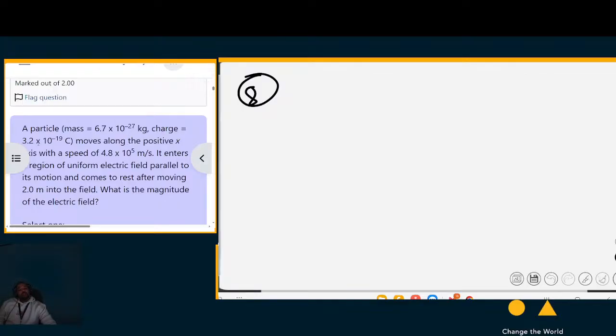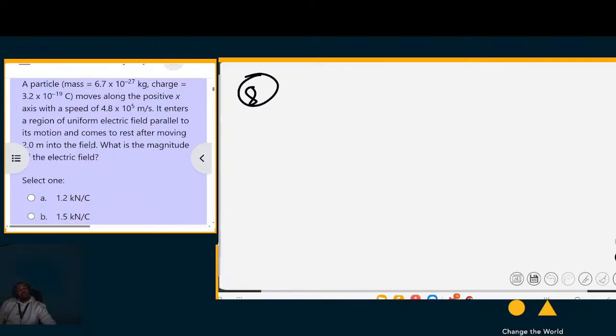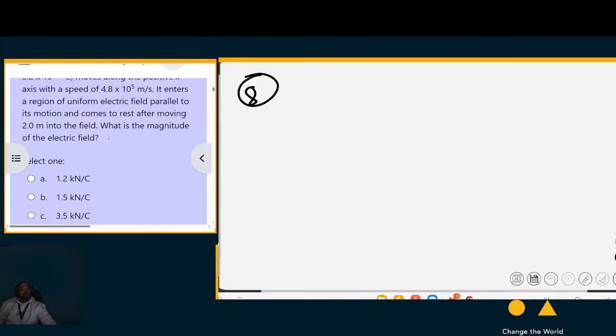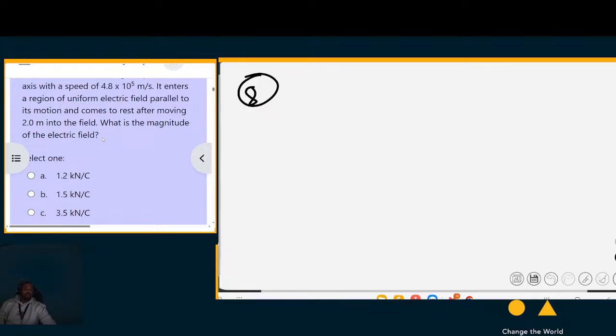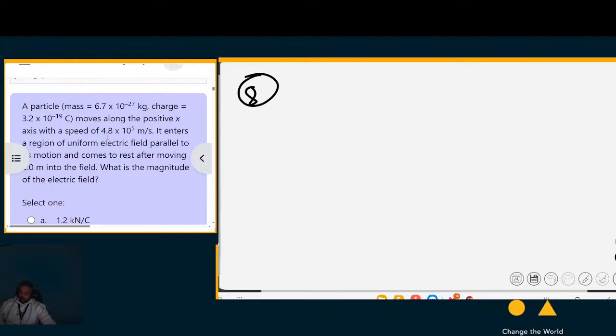Charge 3.2 times 10 to the negative 19 coulomb, moves along the positive x-axis with a speed of 4.8 times 10 to the 5 meters per second. It enters a region of uniform electric field parallel to its motion and comes to rest after moving 2 meters into this field. What is the magnitude of the electric field? So now they're trying to get you to calculate the magnitude of this electric field.